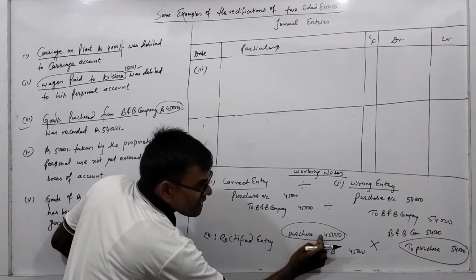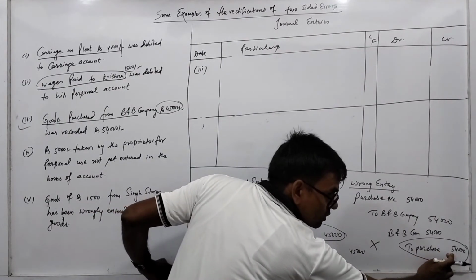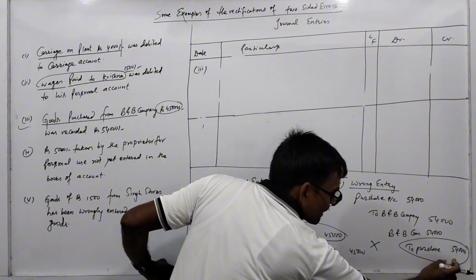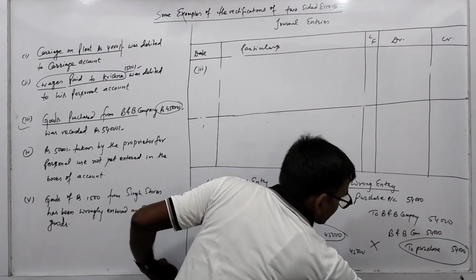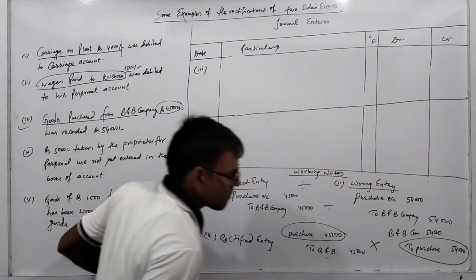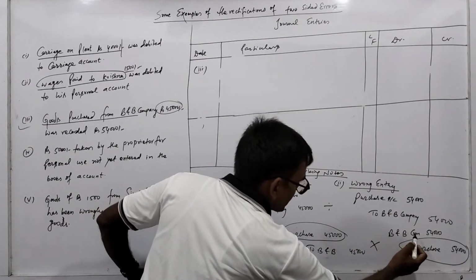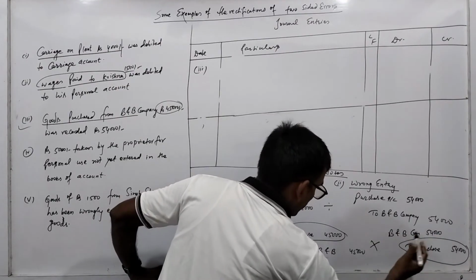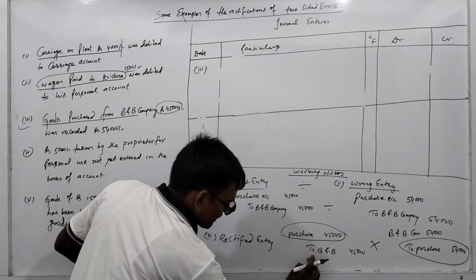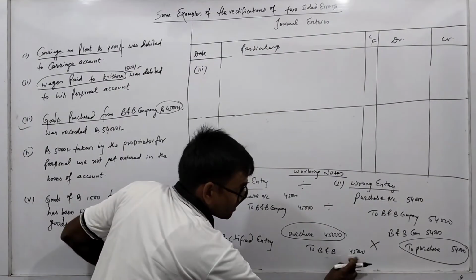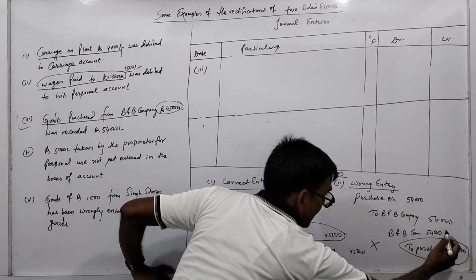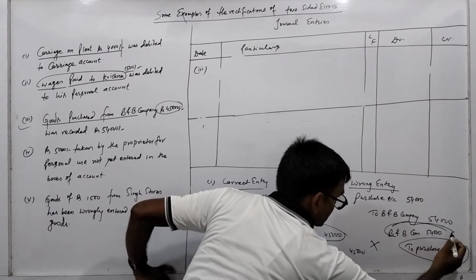So it is less amount, it is more amount. So credit side excess by 9,000. Okay, in the same way, in debit side B and B company 54,000 and in credit side B and B 45,000. So here remaining 9,000 more.